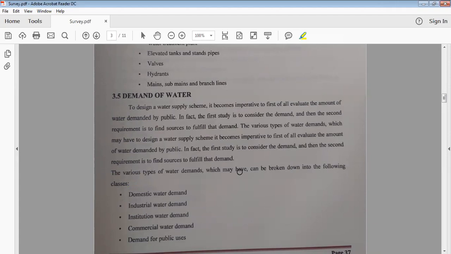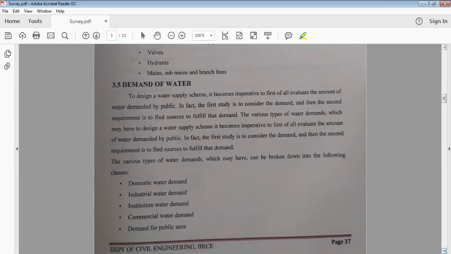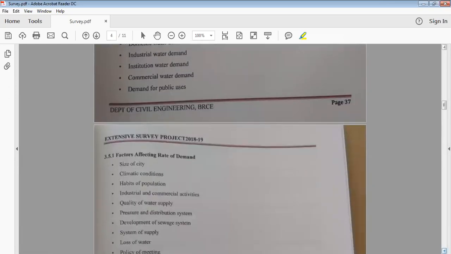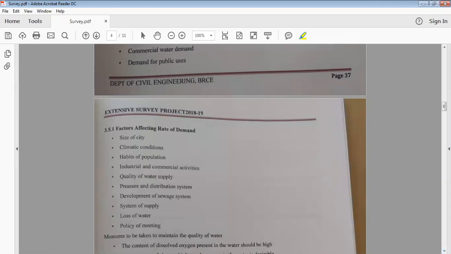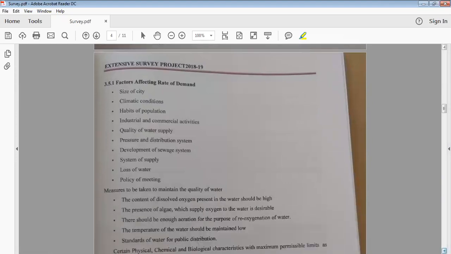Design period is one concept and demand of water is one more concept. Design period, 40 years, 50 years we will take, but the demand varies every year, because after 10 years some industry may be planted there and some residential activity may have increased there. So these also we take up while designing any water treatment plant. Then the factors which affect this design, I think you studied it in your video exam.